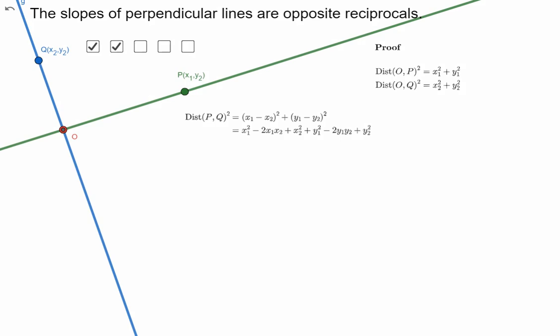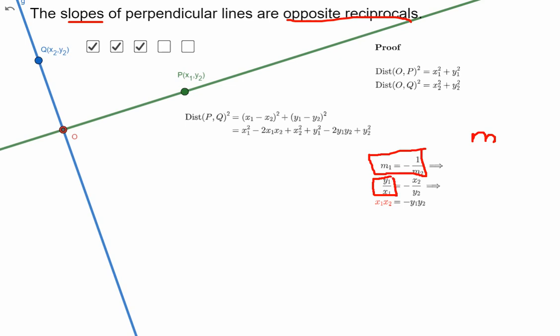Now we need to use the fact that the slopes are opposite reciprocals. That means that m1 equals the negative reciprocal, or the opposite reciprocal, of m2. Well, if the slope is change in y over change in x, I can calculate the slope for m1 as y1 over x1, right?